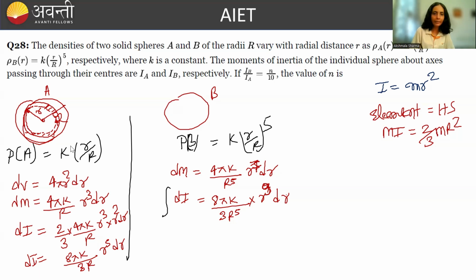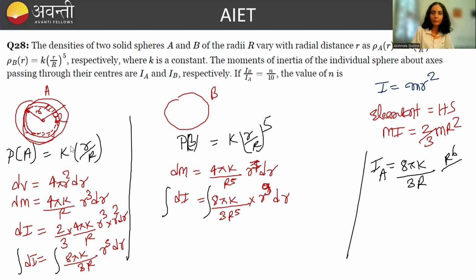So if you are calculating I for both A and B, what value are you going to get? The constant 8 pi k by 3 is the same in both. So I'm writing here, the value of IA is 8 pi k divided by 3r into this, which will become r6 by 6. And what will be IB?